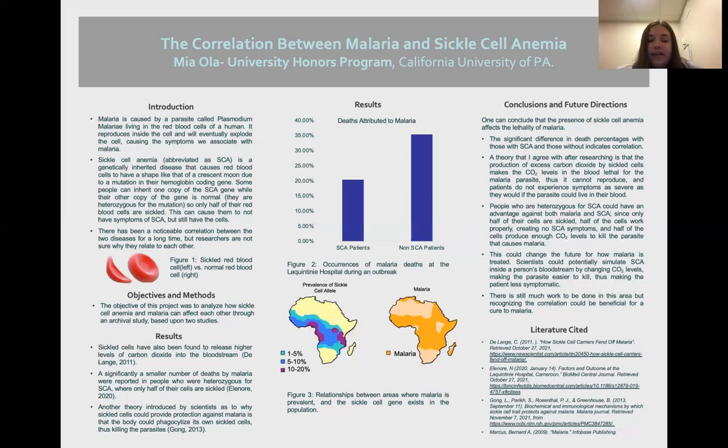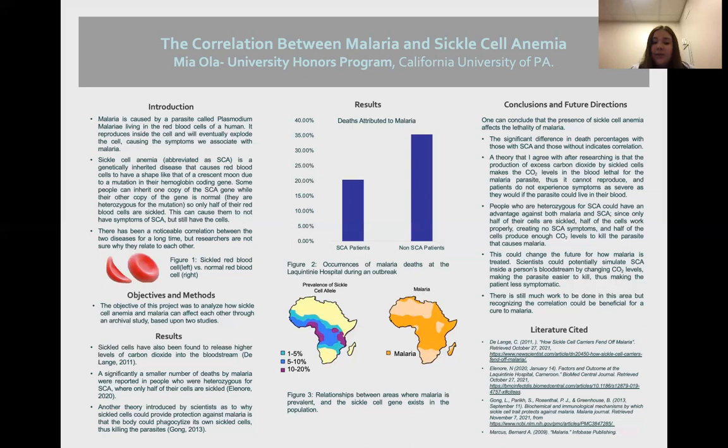So what researchers found that I analyzed is that sickled cells usually produce more carbon dioxide. And this isn't a problem to us humans because we have much bigger bodies, we're much more tolerant to substances, and we need more of them essentially to be poisoned. So it's not a problem for humans, but remember, for someone that has malaria, they have a small, tiny organism living inside of their red blood cells.